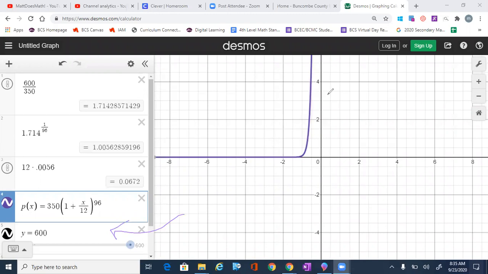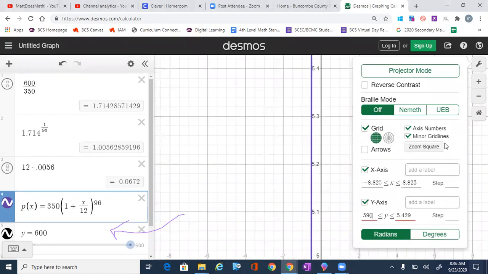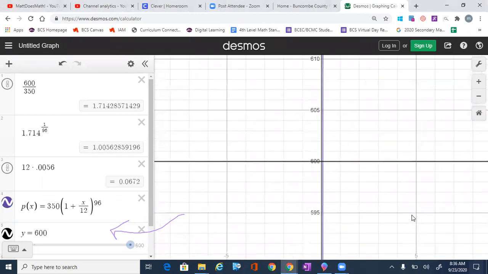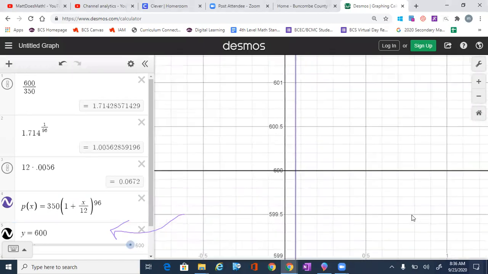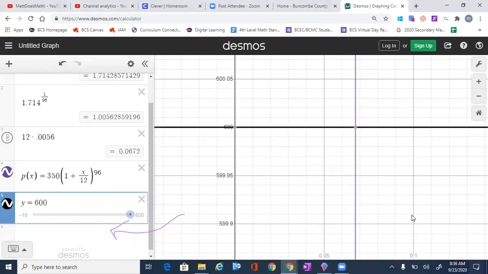When I do this piece, we need to make sure that we go up to the range and go to the y-axis there, and I put some numbers below and above. So maybe 590, which is slightly low. We just need to be able to capture that value of 600. And maybe 610. Once we're here, we are going to zoom in as far as we can just to verify our answer that we got algebraically. Now we're doing it graphically, and notice our answer is 0.0676.